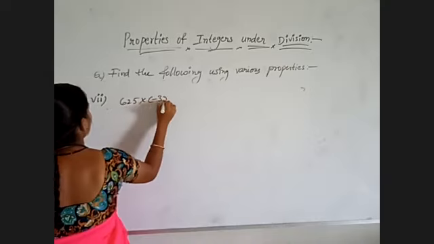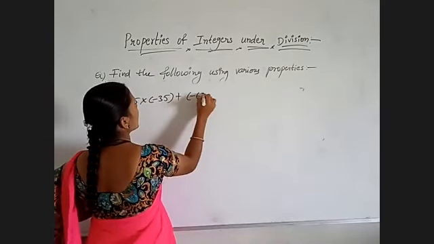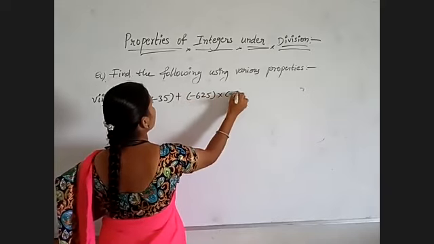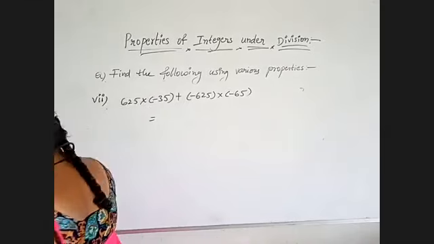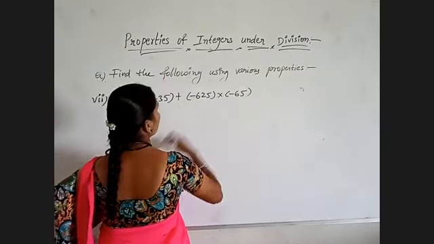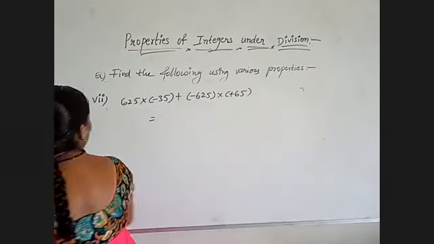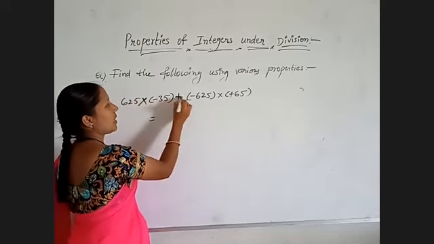625 into minus 35 plus minus 625 into plus 65 is equal to. Just observe again here, into plus.